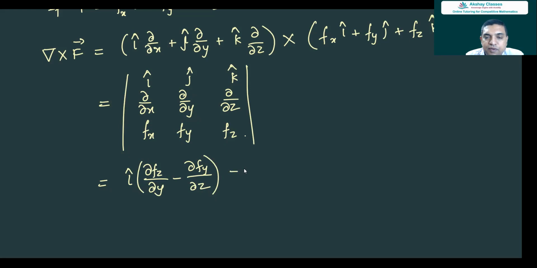Now minus of, or I will write plus of, if it's minus, then this way minus this way. Now it will be this one minus this one.